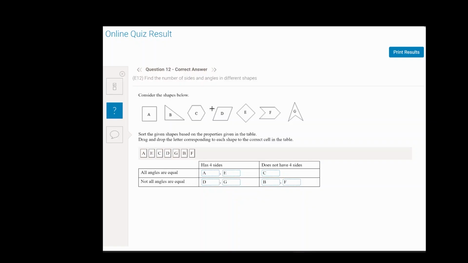B, it does not have 4 sides and they're not equal. So C, no. E, it's E because it's basically a square but just flipped around into like a diamond shape.